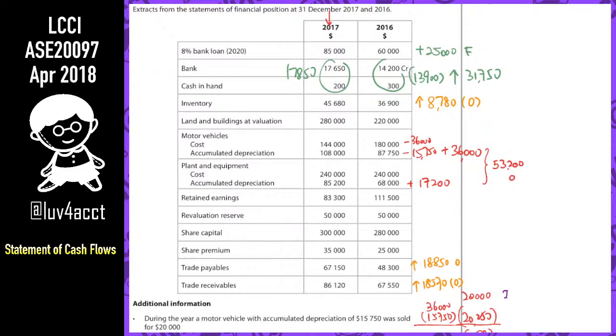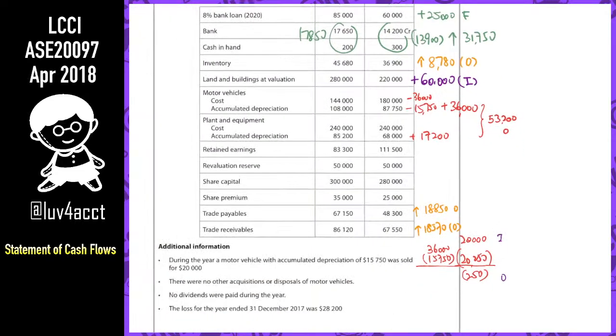revaluation reserve, no change. That means the land and buildings, at valuation, here we have purchased 60,000 more. Investing negative. Retained earnings, let us see if it is correct.